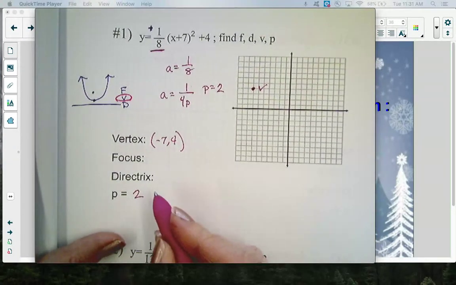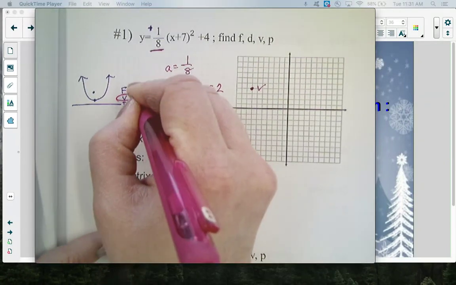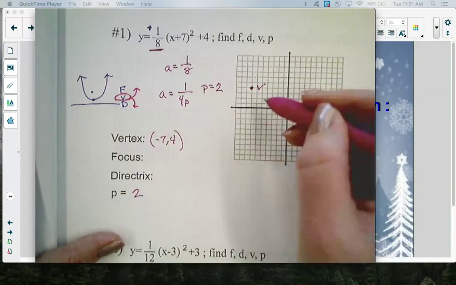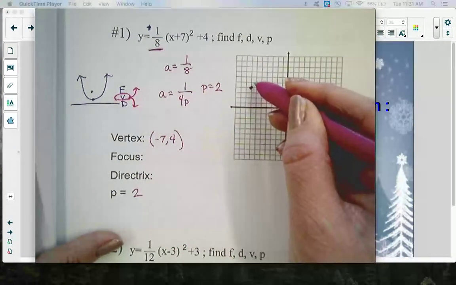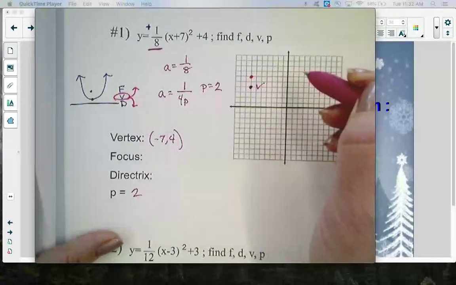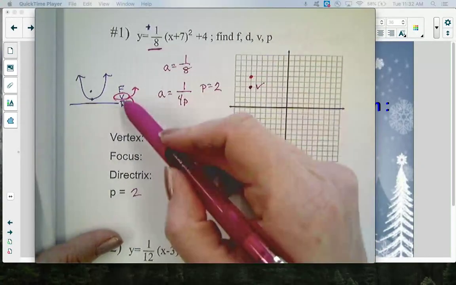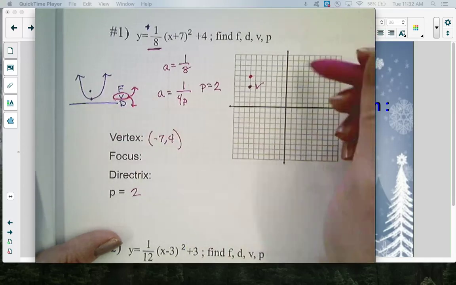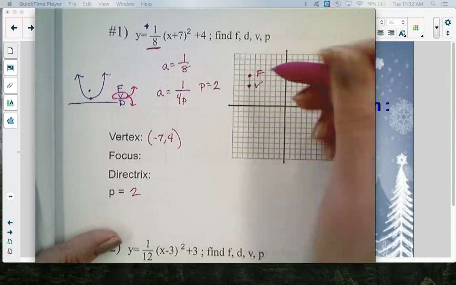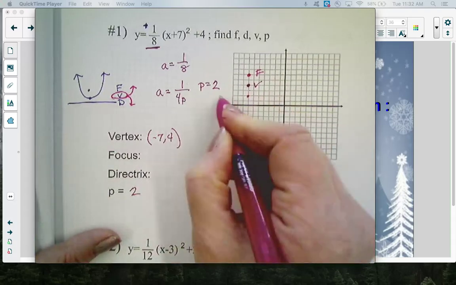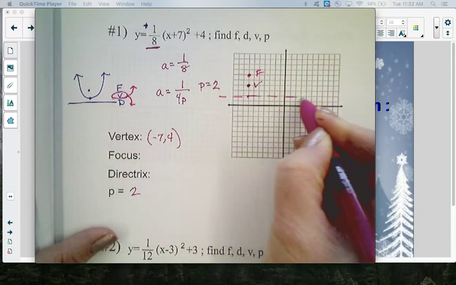Now that focal length, remember I go vertex up my focal length, vertex down my focal length. So if I go up 1, 2 from my vertex, what do I find? Is that my focus or is that my directrix? My focal point. That's my focus. If I go down 2, that's where my directrix is going to go through.